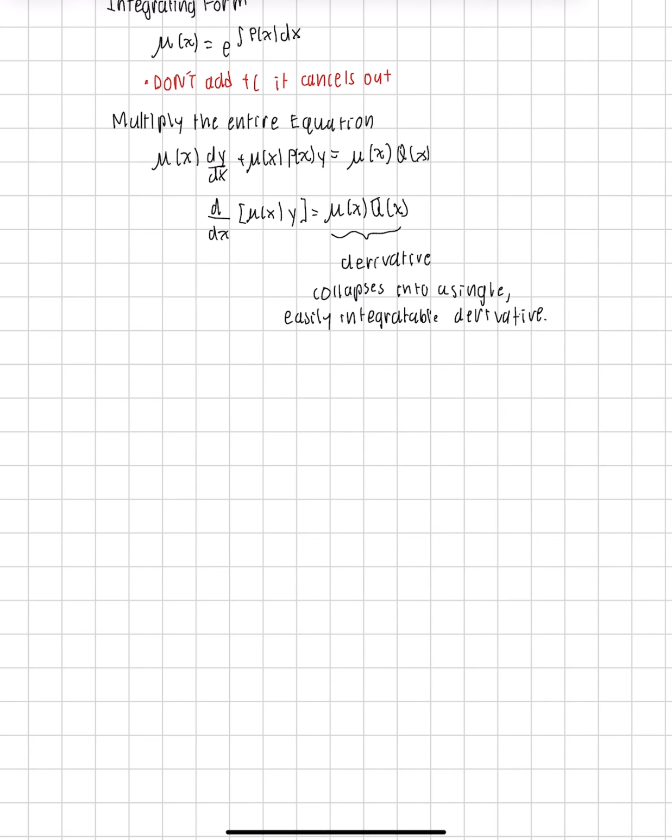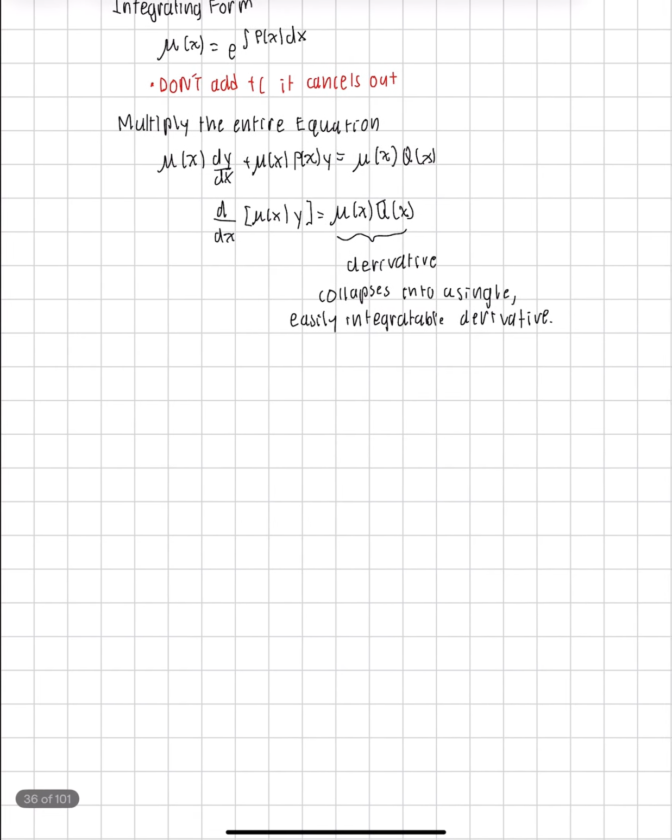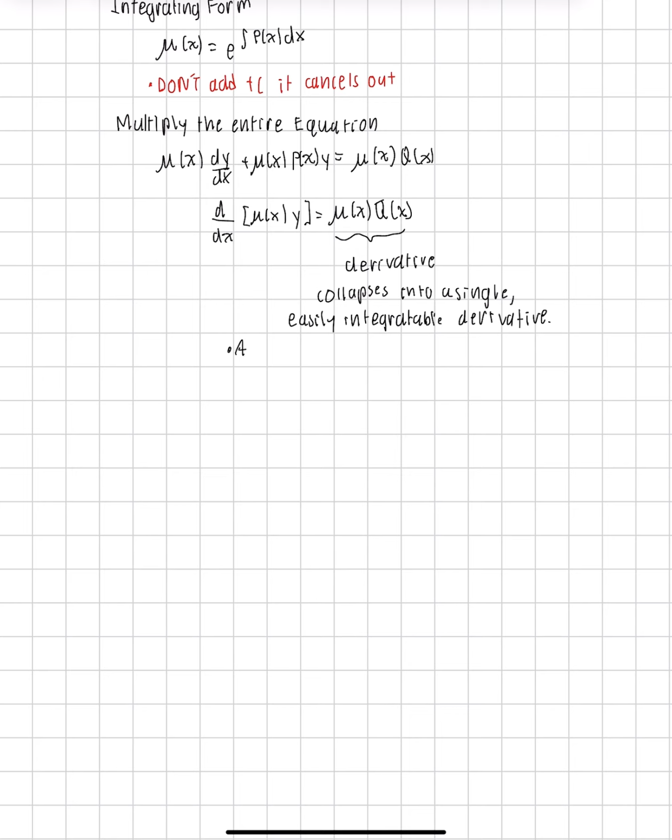So make sure you add plus c before you divide by mu(x). Otherwise, your general solution will be wrong.